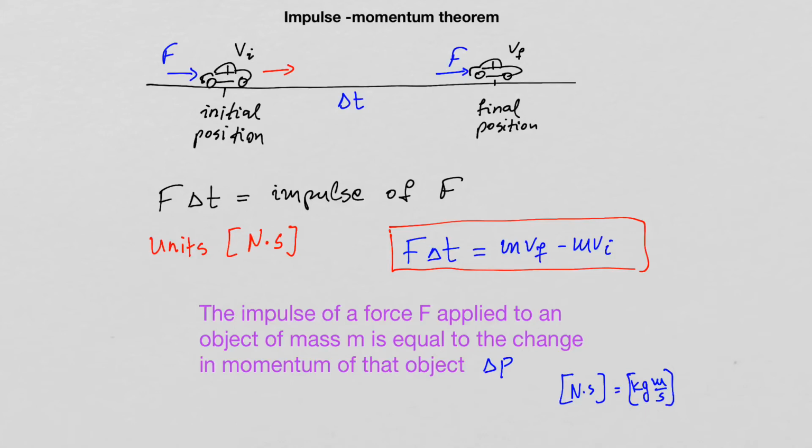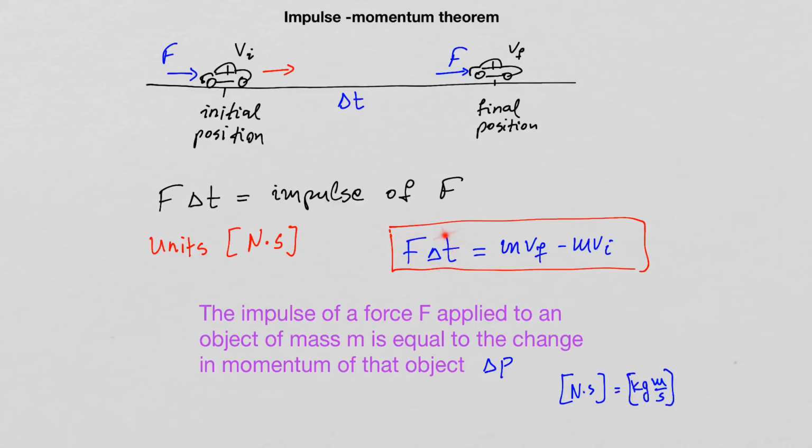Well, suppose that the change in momentum is fixed. Let's say a car is moving with some initial velocity of 30 kilometers per hour, and then it crashes and comes to a dead stop, so the final velocity is 0. So the change in momentum is fixed. Okay, then that means that a certain impulse was applied to the car for this change of momentum to happen.